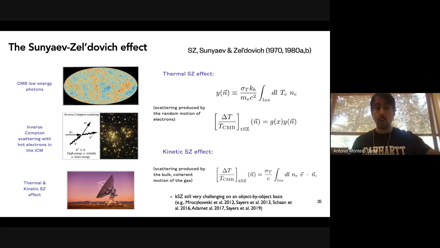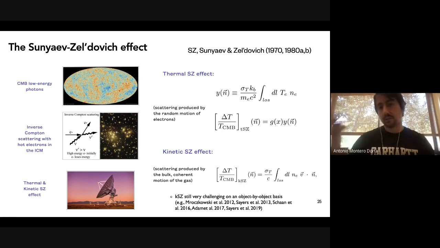You have low energy photons from the CMB that are inverse Compton scattered by electrons from the hot gas of clusters, right? That signal can actually be measured, and has been measured, particularly the thermal effect, where the scattering is produced by random motion of electrons. The kinetic Sunyaev-Zel'dovich effect is much harder to detect. I think it has been detected in only a few cases.